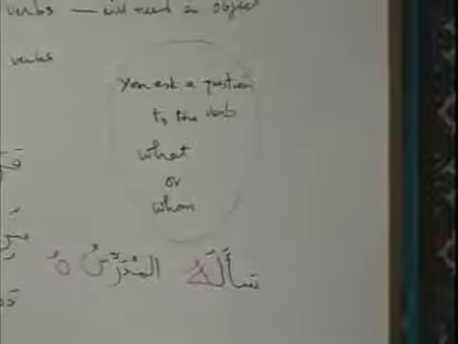And these are damirun muttasilun. Remember we did in the beginning damirun munfasilun, which is huwa huma hum, hiya huma hunna. And then what is the form of the same damir, but instead of marfu, mansub or majroor? What is the form?